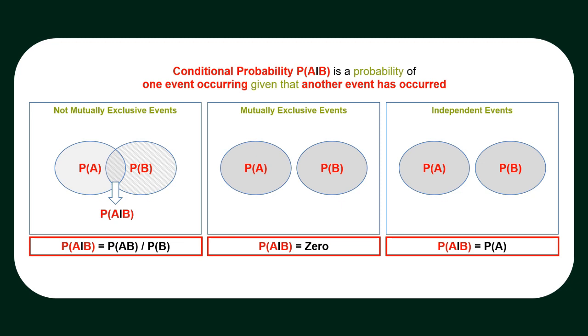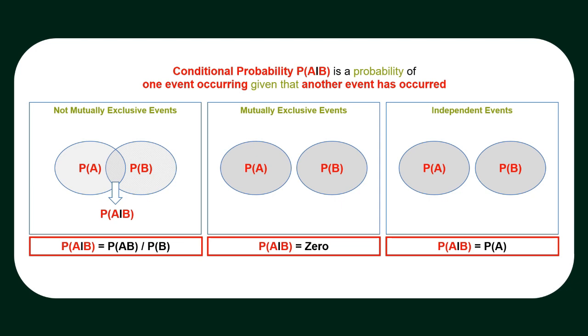In case of not mutually exclusive events, conditional probability is number of events occurred in the overlapping area A and B divided by number of events under section B. It should be noted that for conditional probability, it is given that event B has occurred. Therefore, number of events happened under section B represent exhaustive events or total number of events.